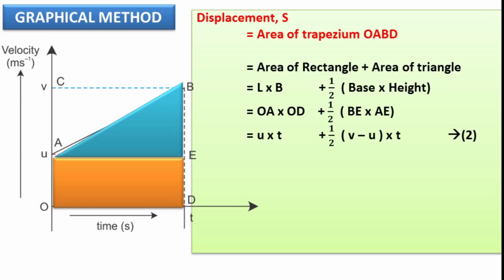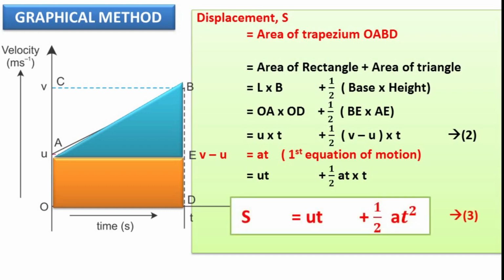Let us write this equation as number 2. And we know the first equation, v minus u is equal to at. Substitute this in equation number 2 and we get ut plus 1 by 2 at into t, and the equation becomes s = ut + half at square, and this is the second equation of motion.